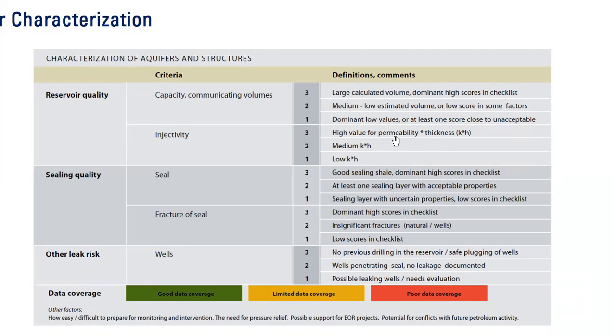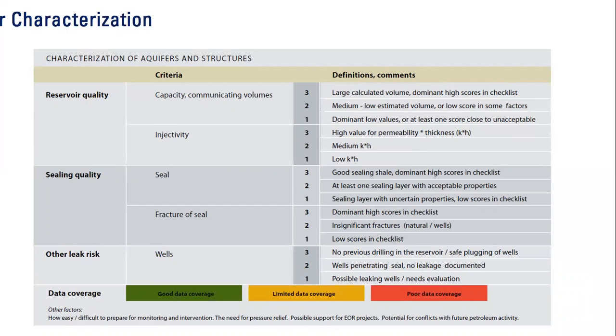Okay, so the product of permeability and thickness of this aquifer will represent the injectivity, how easily you can inject the CO2 from surface to the subsurface. Okay, so that's for reservoir quality.